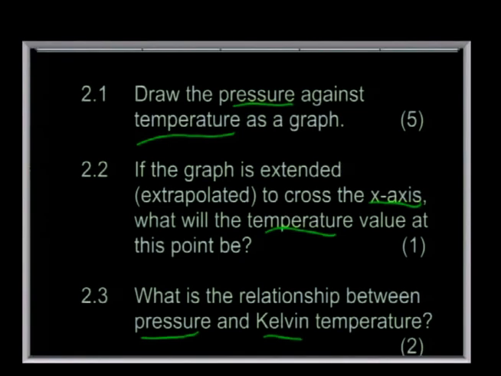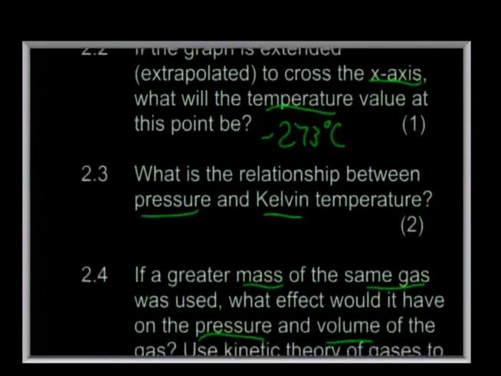If the graph is extended, as I explained, to cross the axis, the x-axis, the horizontal axis, what will the temperature value at this point be? And here in degrees Celsius, we're going to say it's minus 273 degrees Celsius. That is a very important value that you need to know. It's the value of absolute zero, and it's the equivalent point for 0 Kelvin.